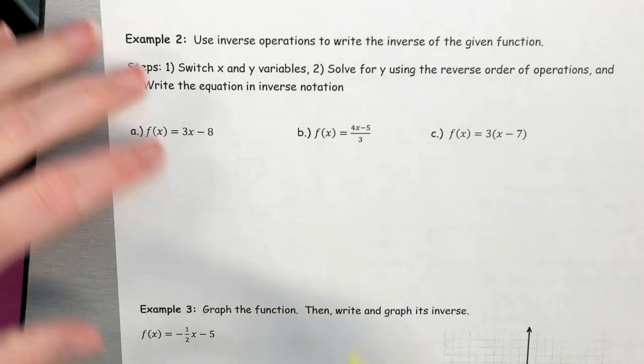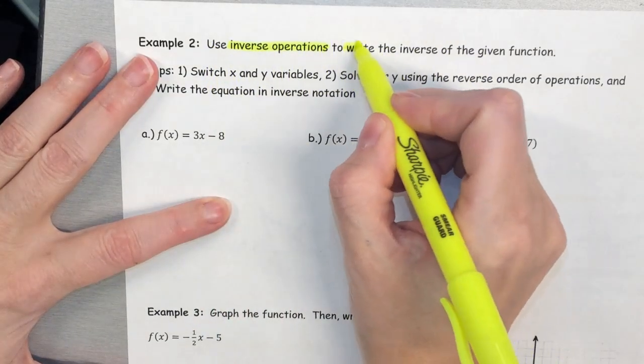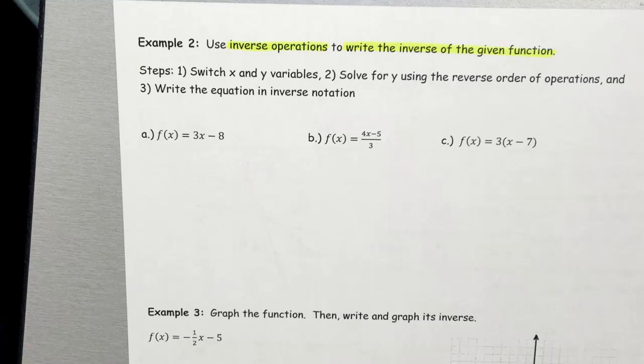So in example 2, it says use inverse operations to write the inverse of the given function. So when you're using inverse operations, you are going to have to show those steps. So for some of us, we're going to have to slow down a little bit and make sure that we have them because we do want to emphasize what operations are leading to that inverse.